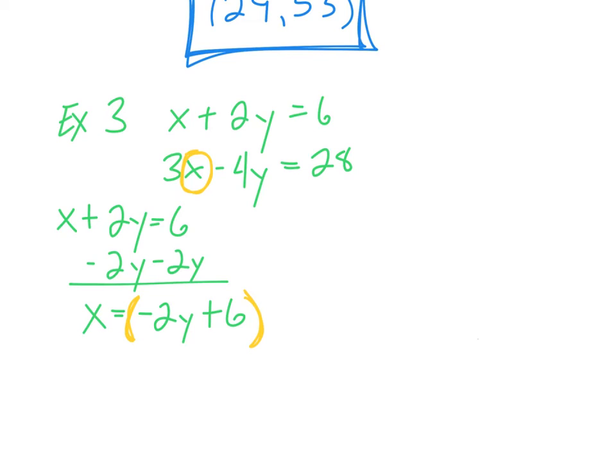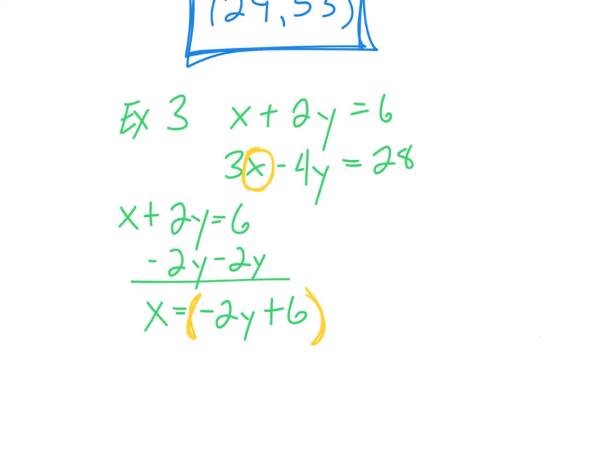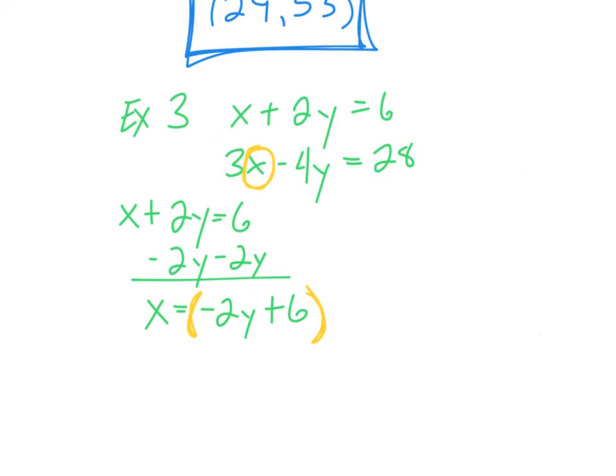So here we go, rewriting my equation: we have 3, and then instead of x, we have -2y plus 6, and then -4y equal to 28.